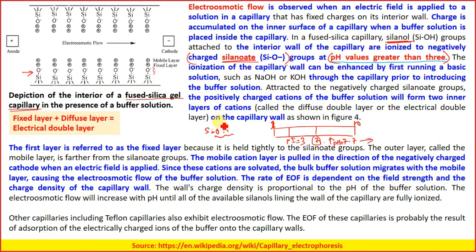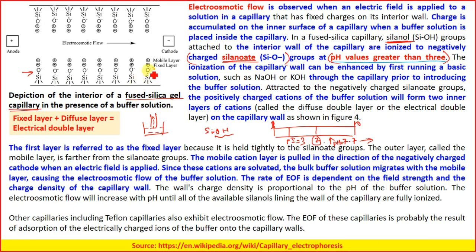Now when you have this buffer and you put the capillary within the solution, what will happen? Due to capillary action, the liquid will be pulled into the capillary and the capillary will be filled up. Since we are keeping the pH at 7.7, these O minus groups, the silanoate groups, will be formed.